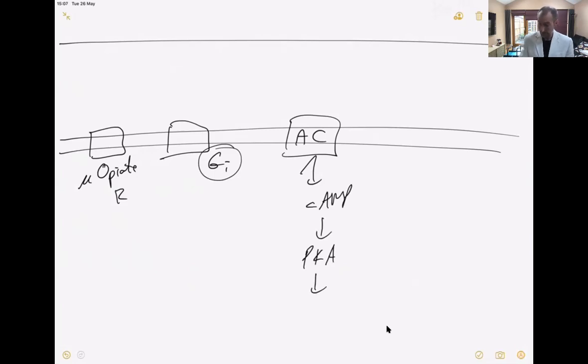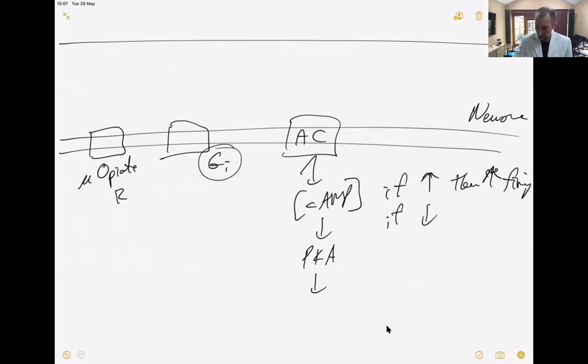And this, in a nerve, this is a neuron. In a nerve, the concentration of cyclic AMP, you can think of it roughly like this. If it increases, then there's an increase in firing, an increase in the probability of an action potential.